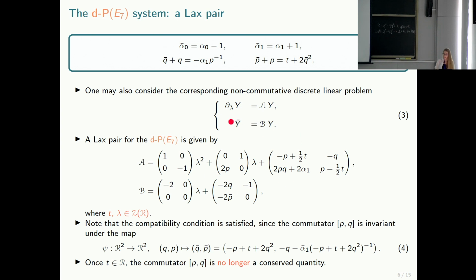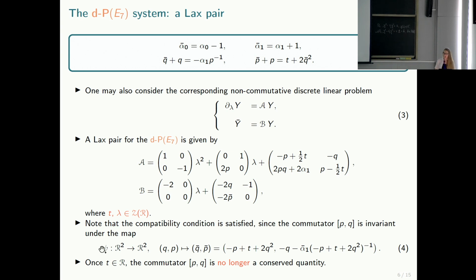Here lambda is a spectral parameter and it belongs to the center of our ring R. If we write down these two matrices A and B over our ring R, then one can verify that the compatibility condition of this system is equivalent to this non-commutative discrete Painlevé equation, thanks to the fact that the commutator is a conserved quantity of this map psi.